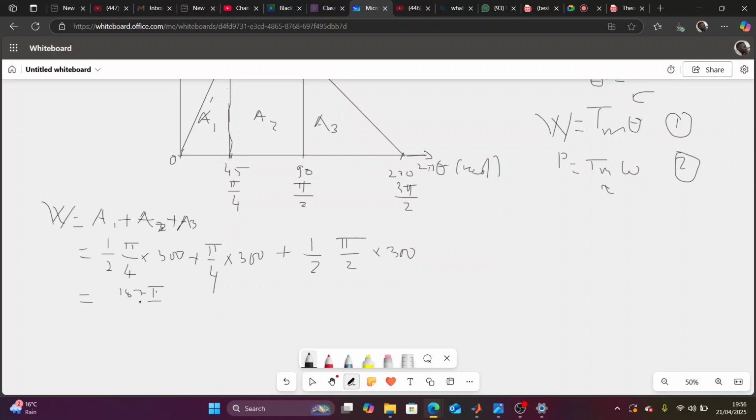In the textbook here, they are getting 262.5 pi. Let me try to calculate. At least this time I have my calculator.